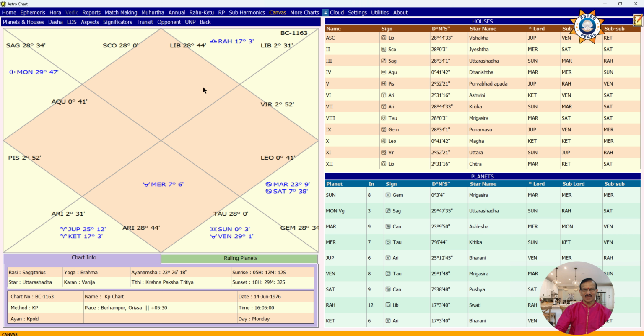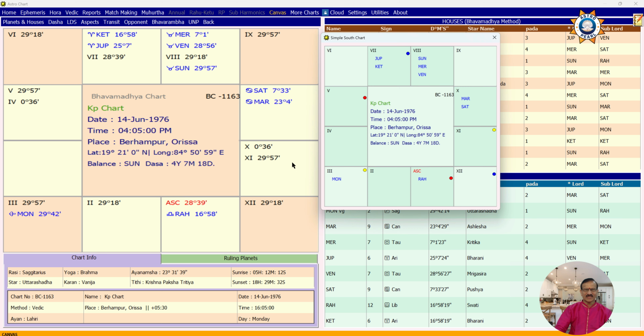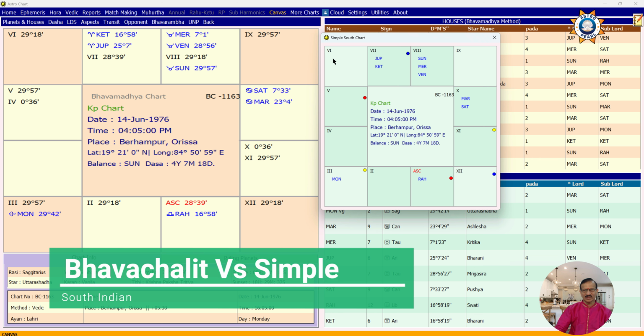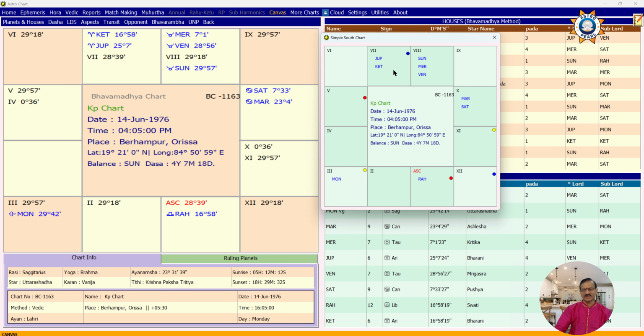So now I'll walk you through the South Indian system. Okay, so here you look at this chart. This is again the traditional chart through the South Indian method. This is also through the South Indian method, and in this method, as you know, the sign placements in this chart are fixed.